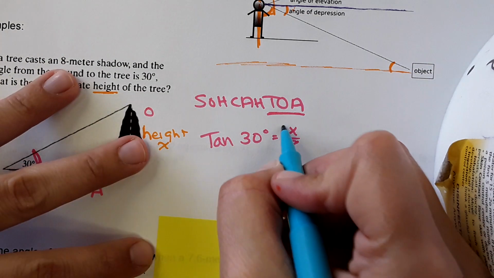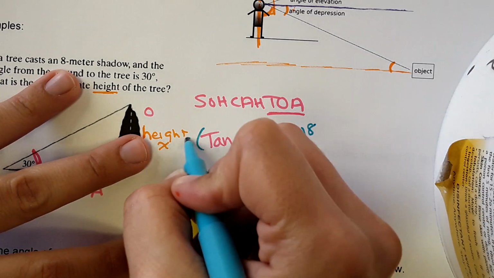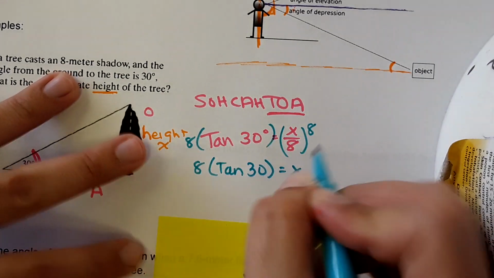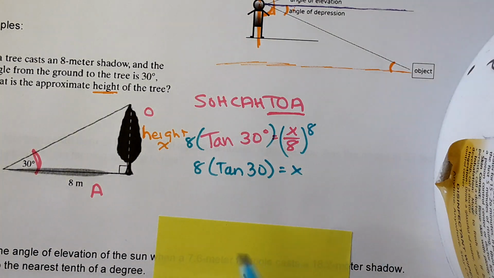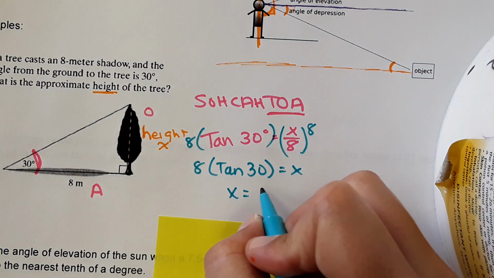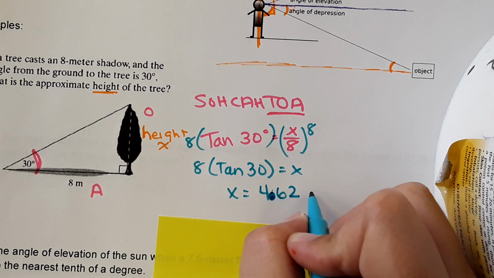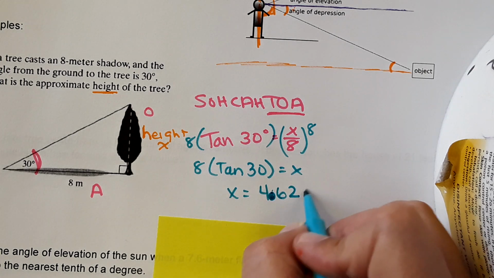And then once we have it set up, we can multiply both sides by 8. 8 tan of 30 equals x. You can plug it into a calculator, and it comes out to x equals 4.62. And that would be meters.